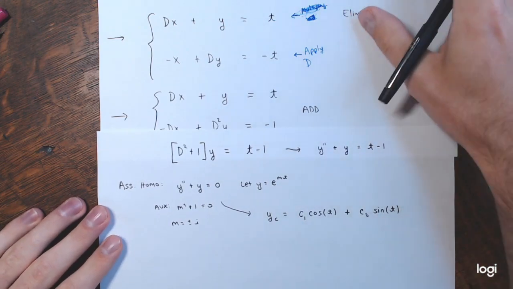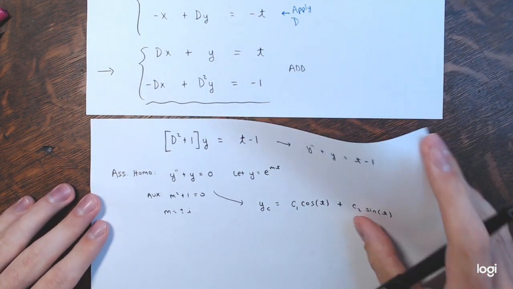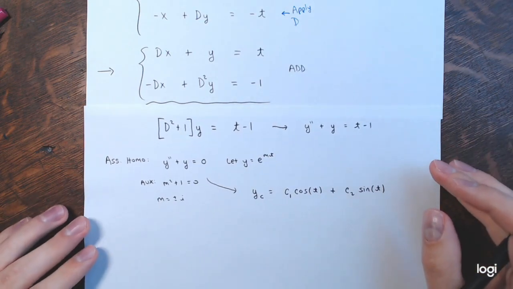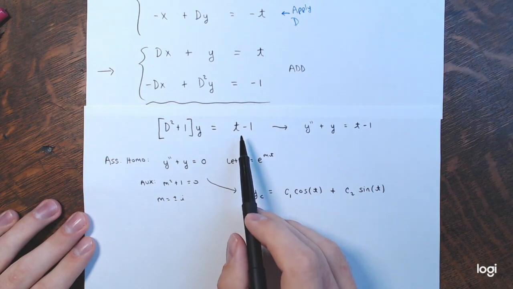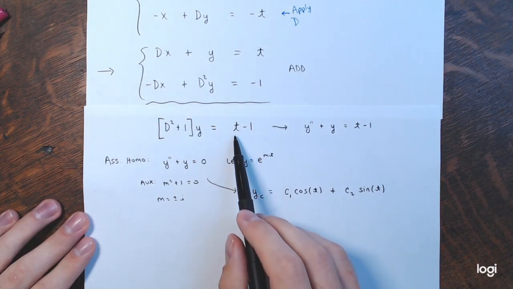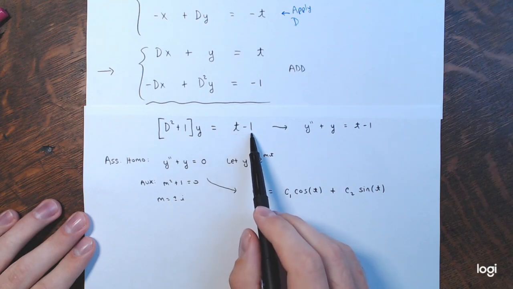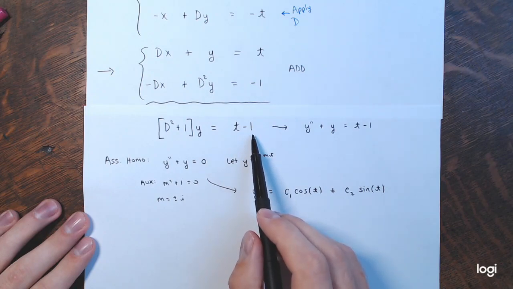All right, and then based on annihilators, if you remember annihilator stuff, or undetermined coefficients with the superposition principle, d squared would annihilate this.